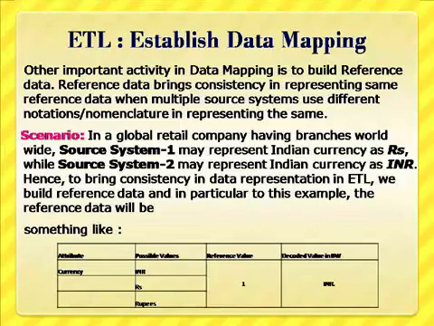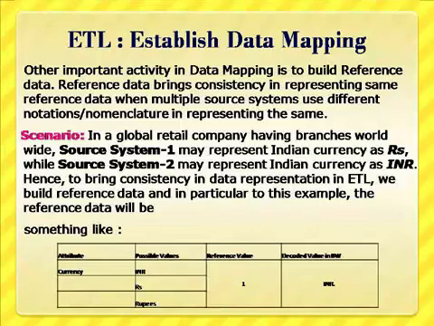In a global retail company having branches worldwide, in source system 1, the Indian currency might have been represented as RS, while source system 2 of the same company in some other part of the world may represent Indian currency as INR. Hence, to bring consistency in data representation in ETL, we build reference data, and in particular to this example, the reference data is stored as per the table shown below.